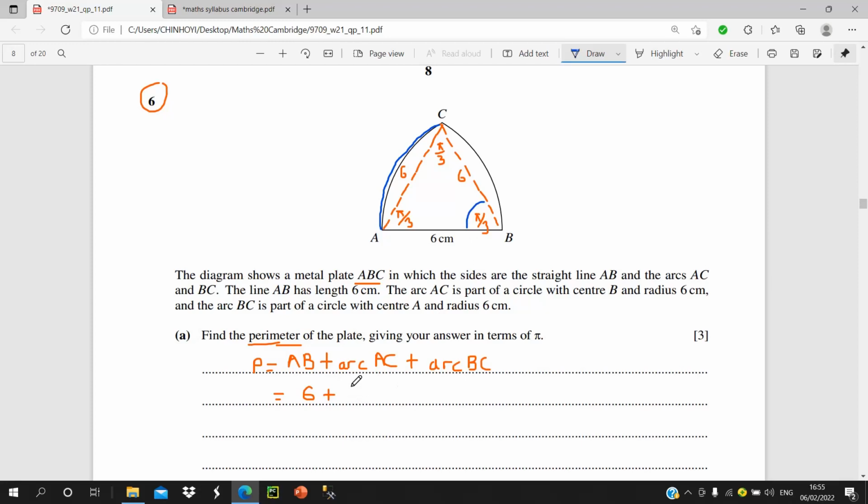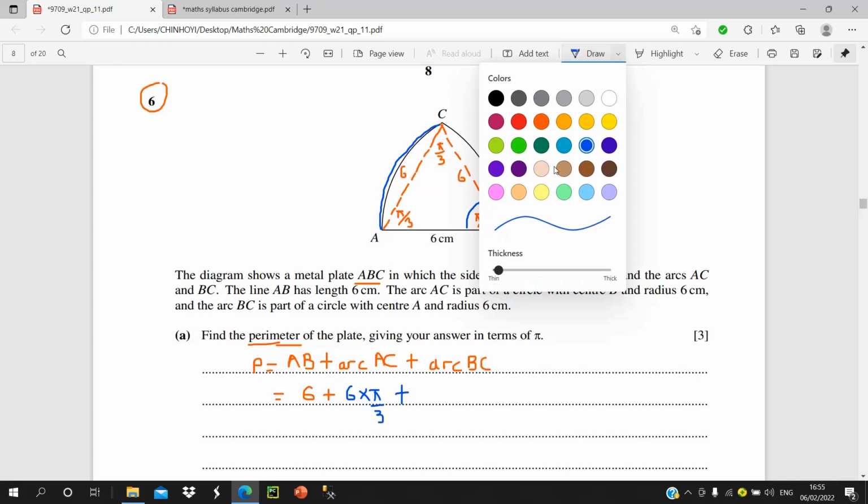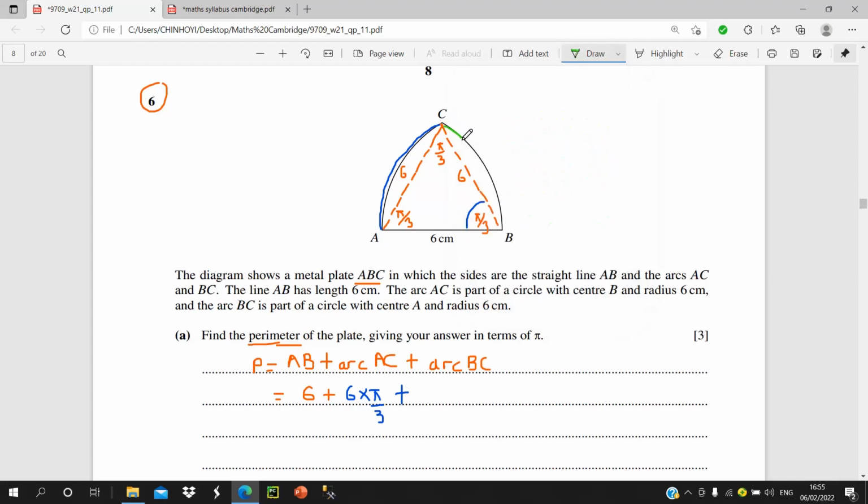So it's 6 times pi over 3. Then plus the arc length for BC. Again, we have the same theta and radius, so it's 6 times pi over 3.